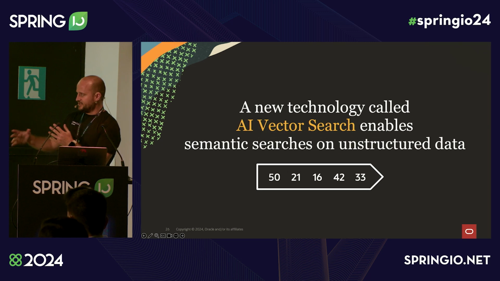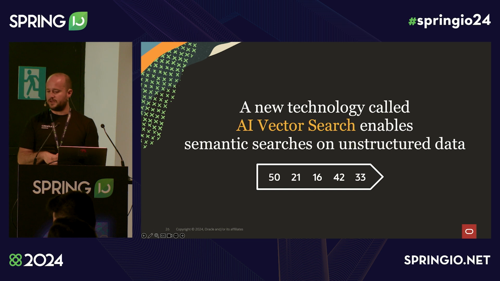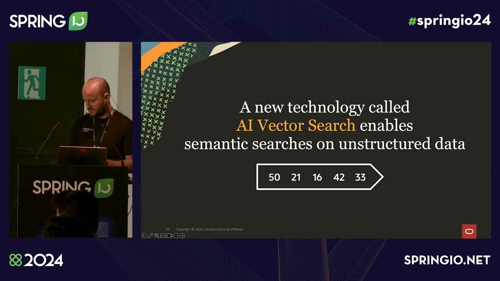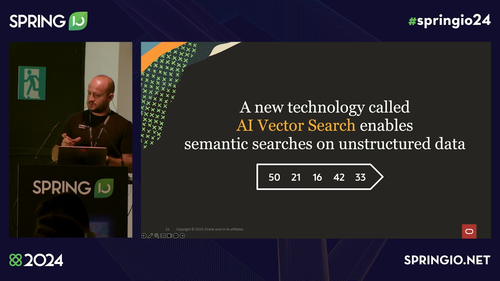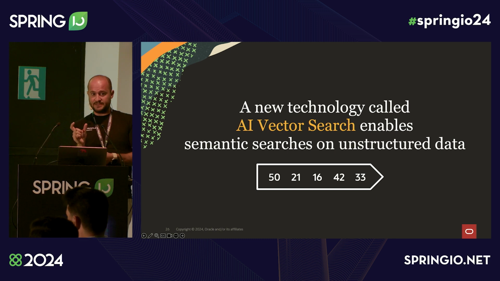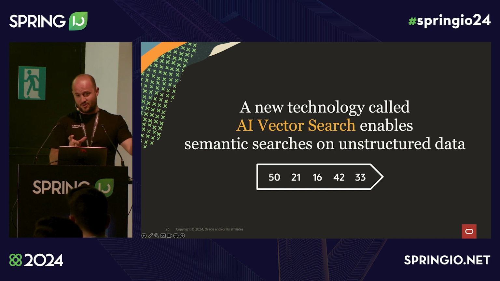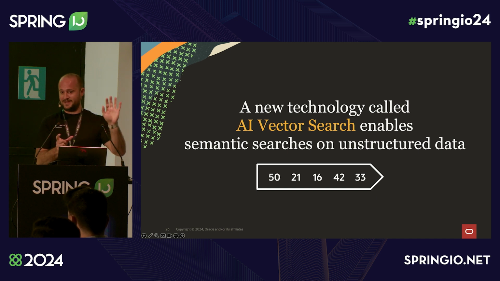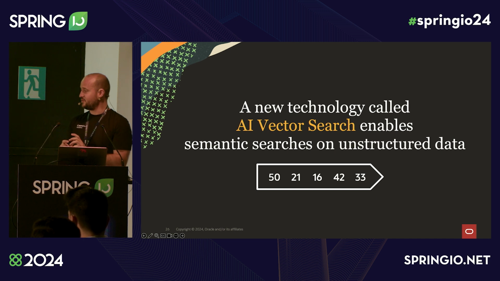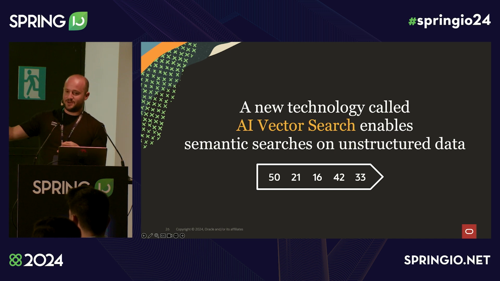So as I mentioned, new technology, AI vector search, quite popular. There are a few databases supporting it. Oracle database is one of them. And what we are going to do is use, from that transformer architecture, we are going to take one little bit, that is the encoding of the text or image or audio, or any unstructured data, can be transformed in that vector that is a hyper-dimensional vector.